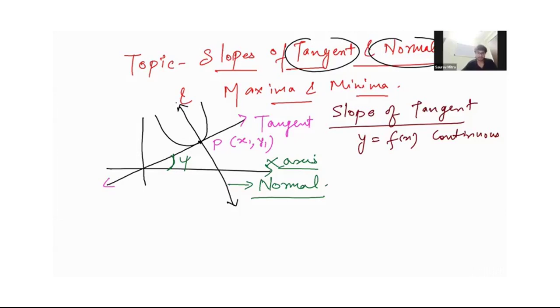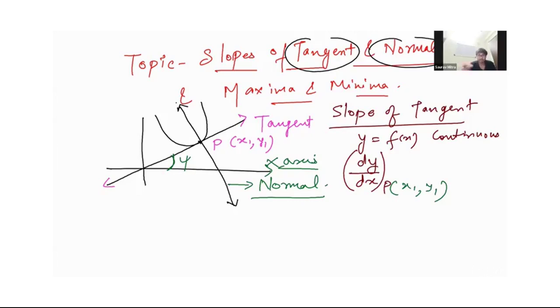Then the slope of the tangent is dy by dx at point P, where the coordinate of P is x1 comma y1. So dy by dx at P (x1, y1) is your slope of the tangent.